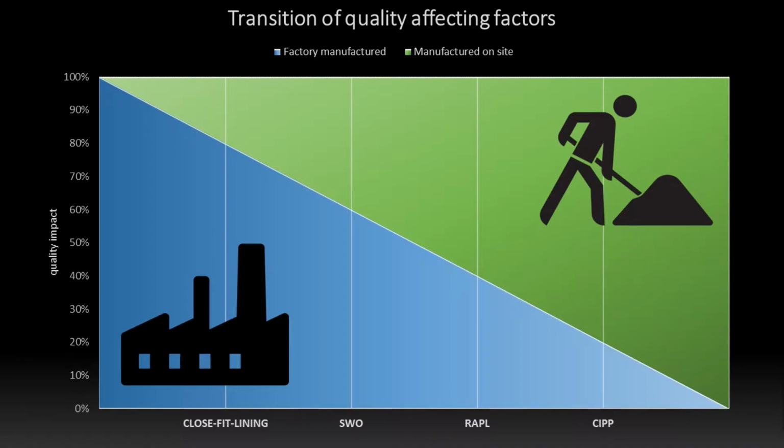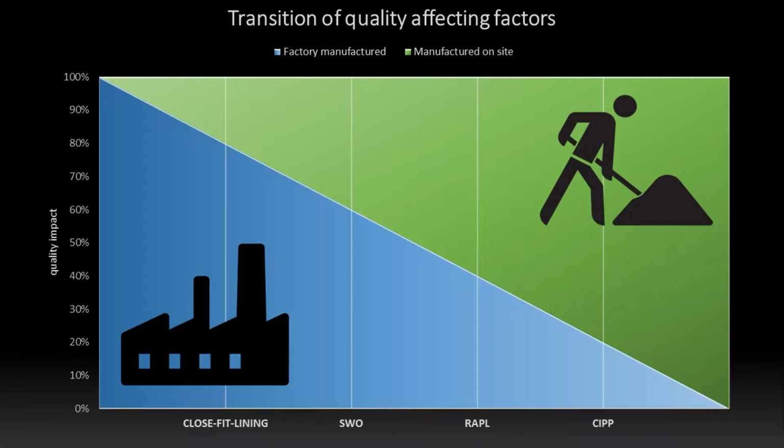It means we use the same profile for this technology as for the spiral wound lining, so the quality of the plastic profile is still given in the factory. But we have some other materials like the cementitious mortar or concrete, which are mixed and cured on the job site, so with this technology we are more in the middle right of this graphic.